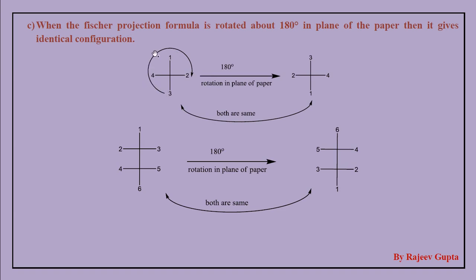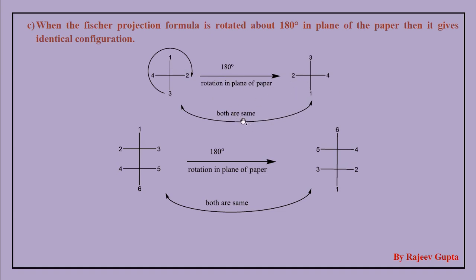If we rotate this Fischer projection by 180 degrees in the plane of paper, not out of the plane of paper, so 3 goes to 1, 1 comes to 3, this 4 goes to 2, and this 2 goes to 4. This is a 180 degree rotation in the plane of paper. Then this rotation gives identical configuration, meaning both are the same, both are homomers.